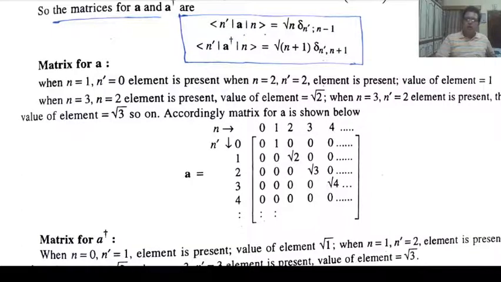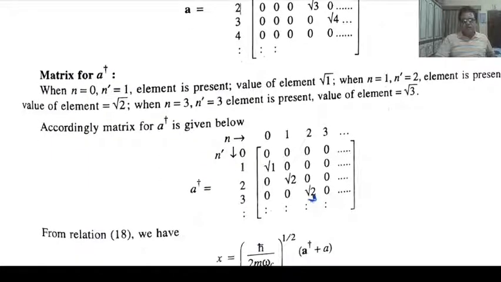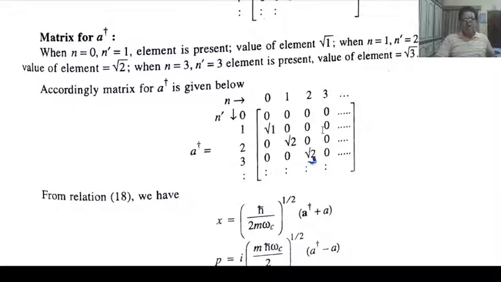Similarly for a dagger, this matrix becomes under root 1, 2, 3 on this line, and other elements are 0.